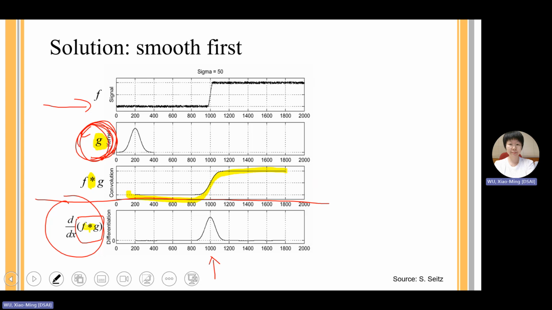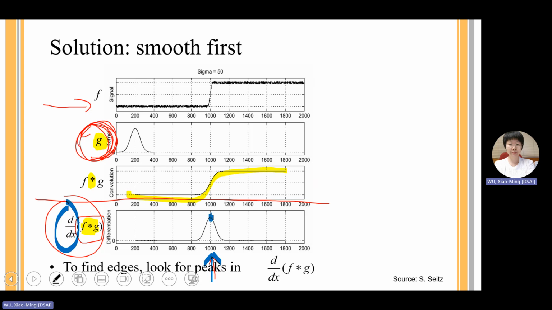This is the smoothed result. Then we take the derivative filter, and based on the derivative we can identify edges by looking for peaks in the derivative.